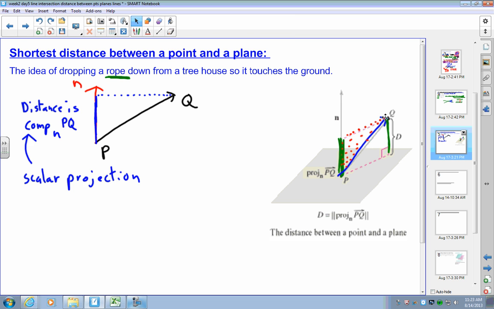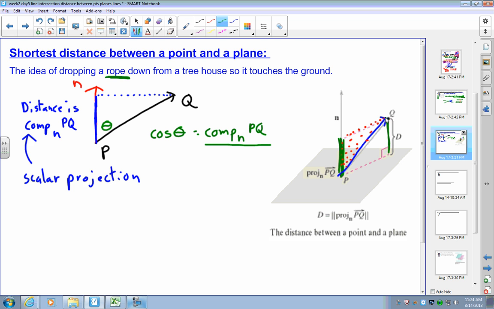Well, to get that distance, it's nice to have an angle. Okay? So think geometry again. This is me reminding you of how to get the component. Geometry again, you could say cosine of theta is adjacent, which is the component of PQ on N, all over PQ.